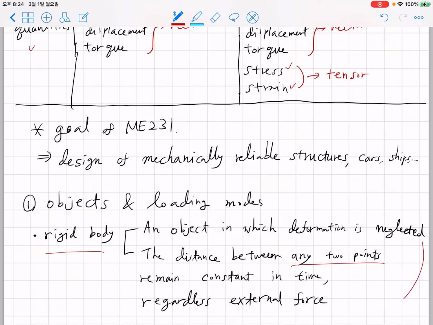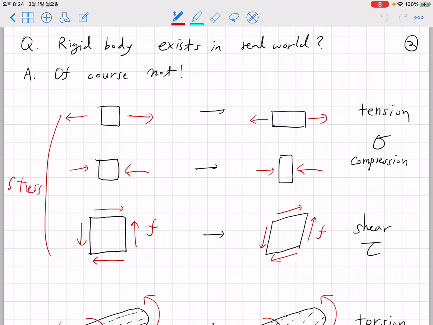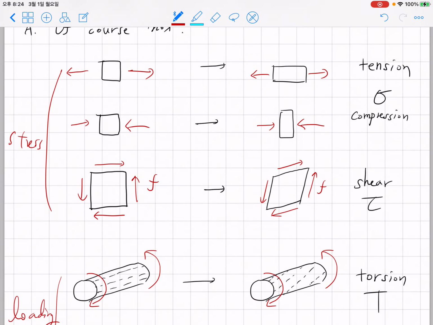These are the assumptions we made about rigid bodies back in high school physics and freshman physics, but everybody knows that this is not real. So here's the question: does a rigid body exist in the real world? Of course not. We'll talk about real deformable bodies.